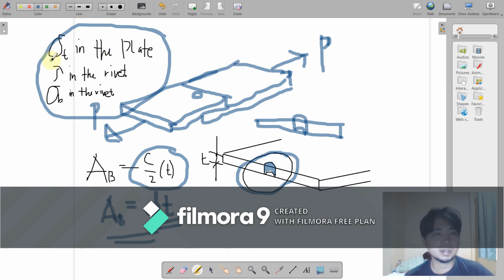Again, this is the summary. If we have this setup P, first we have tensile stress in the plate, and then shearing stress in the rivet, and bearing stress also in the rivet. So these are the things that we must consider in the design of how many rivets and how large the rivet is in certain strength conditions of the material. So I hope this illustration helps.